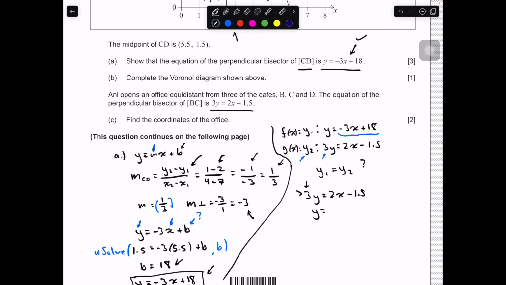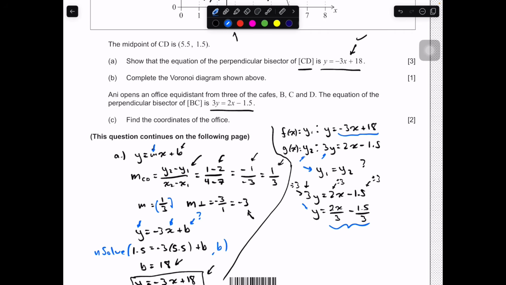So let's divide this by 3, divide this by 3, and divide this by 3. So 2x over 3 is going to be 2x over 3. 1.5 divided by 3 is going to look a little unorthodox, but we can just divide everything by 3. And now we've got an equation which is just in terms of x, and our y is all by itself. And now we should be able to use this: y1 is equal to y2.